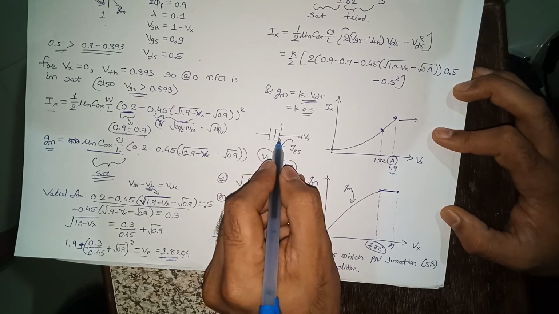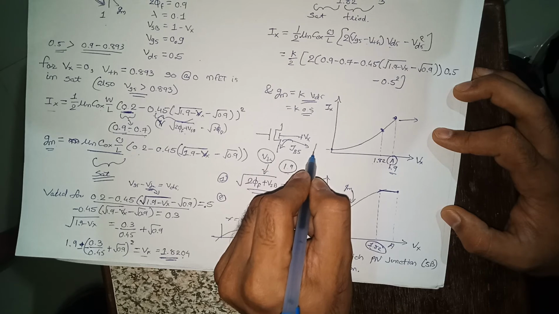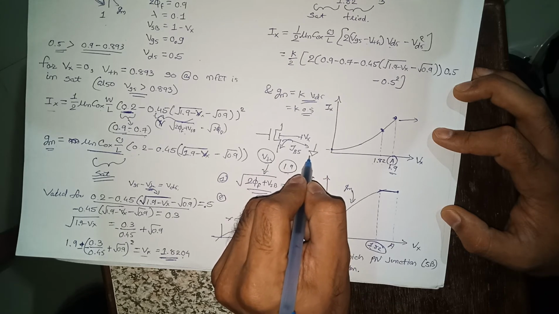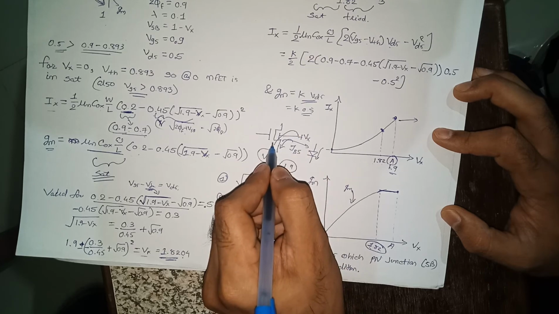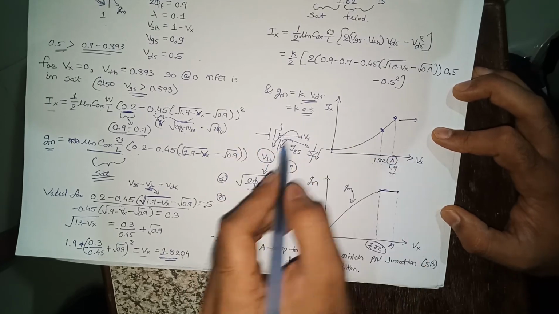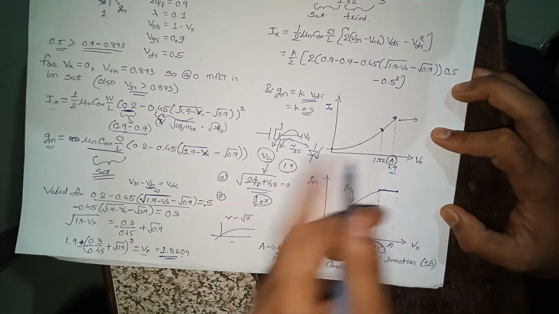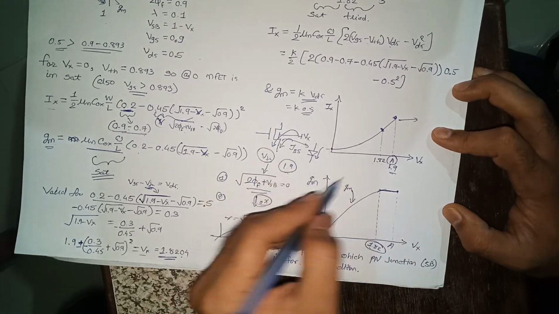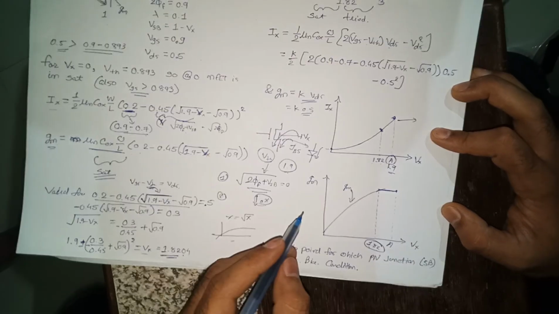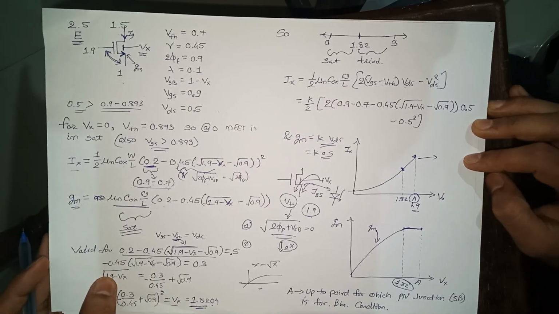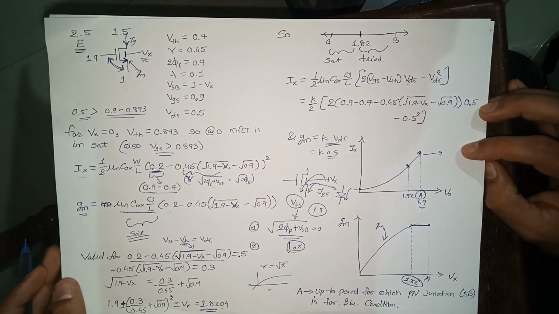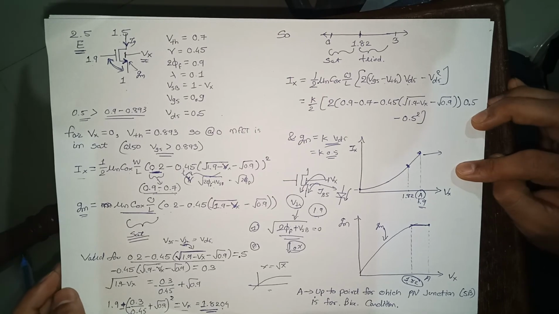So basically this can be represented as one diode. If this is forward biased, your whole current will go like this. So up to that voltage, all this practice we are doing will be valid, otherwise it will not. Okay, yeah, so this is the solution, and we are done with our problem 2.5.